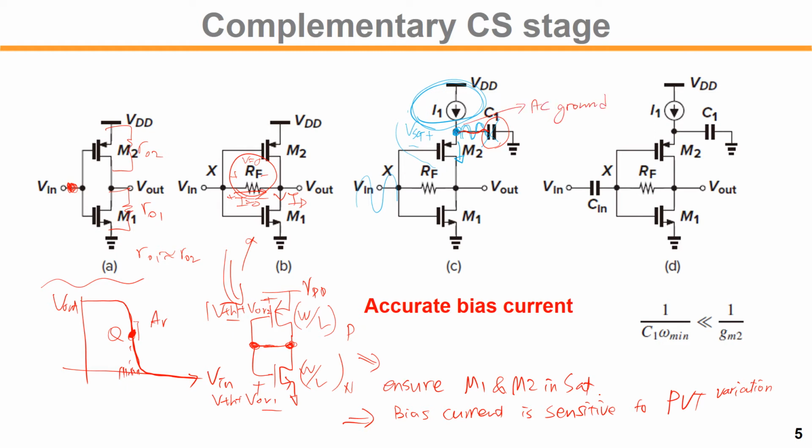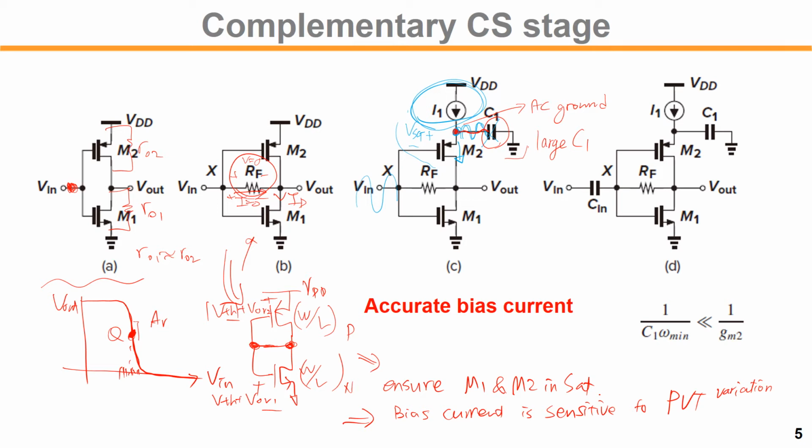The equivalent gain can be achieved by forcing that source node to AC ground. This can be done by adding a large C1. Now the biasing is done properly.